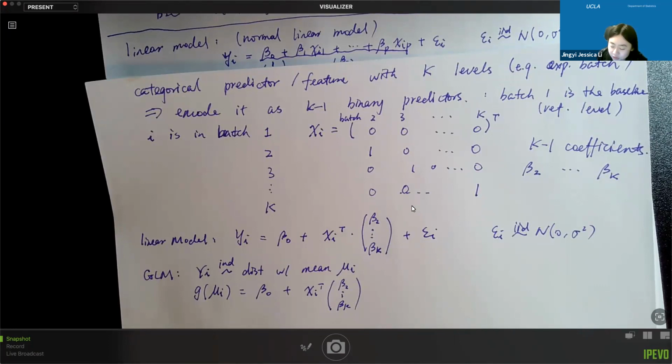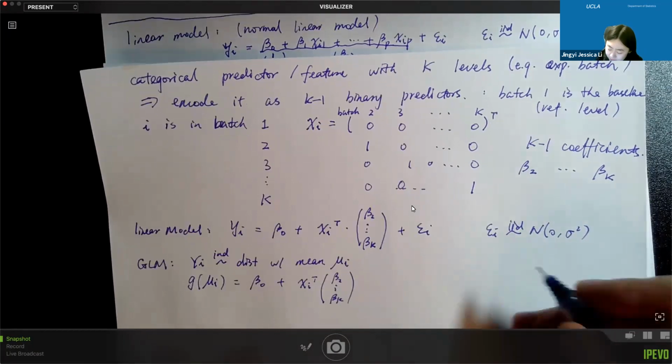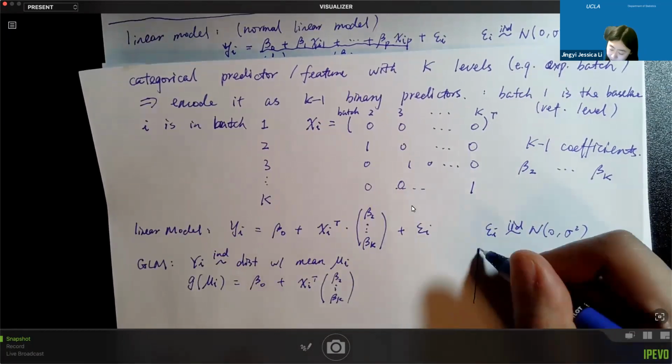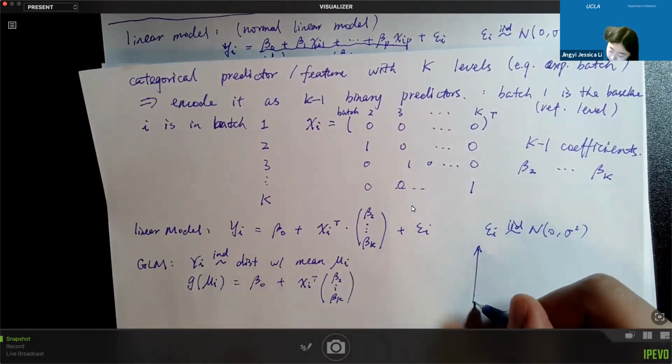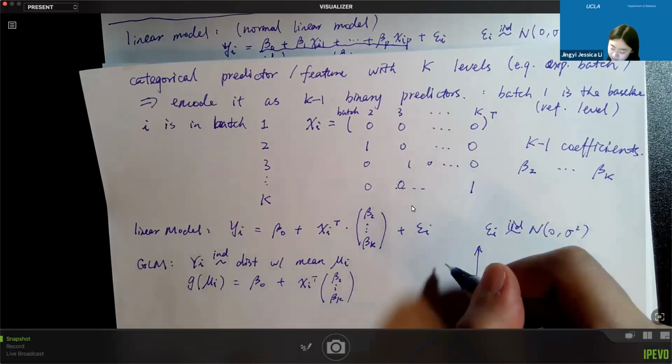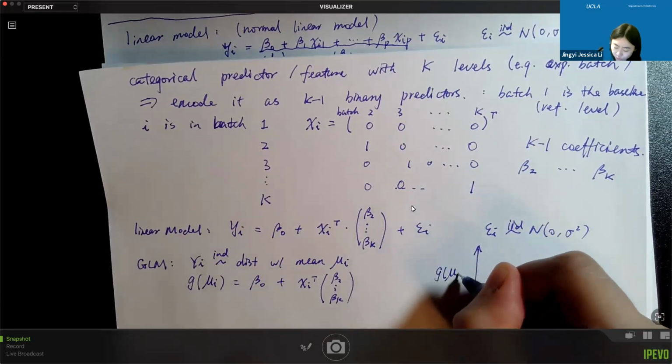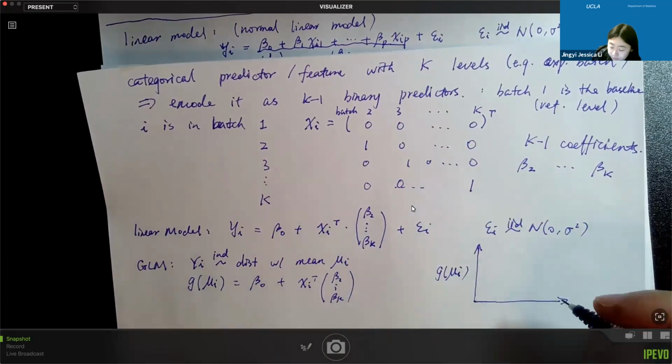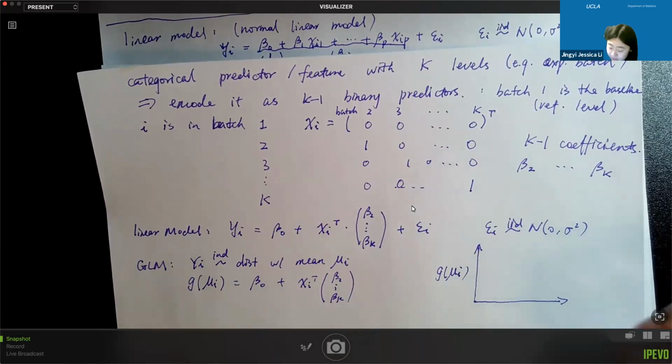So what does this model actually mean? Essentially we are having a different intercept for different levels. Let's say this is g(mu_i), the transformed mean, for the ith observation.